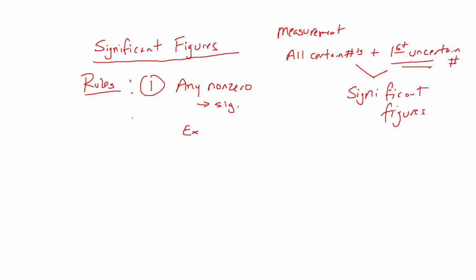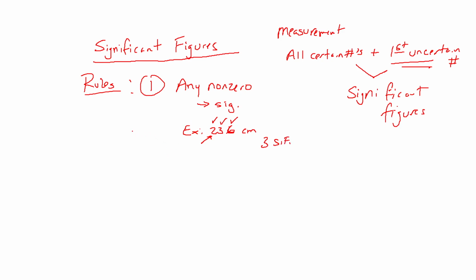So any non-zero number that you come across is a significant figure. For example, if we had 2, 3, 6, say this was some type of measurement, we start left to right, and we always start counting when we hit the first non-zero. So clearly that is a non-zero, so that's significant, significant, and significant. This would have 3 significant figures.